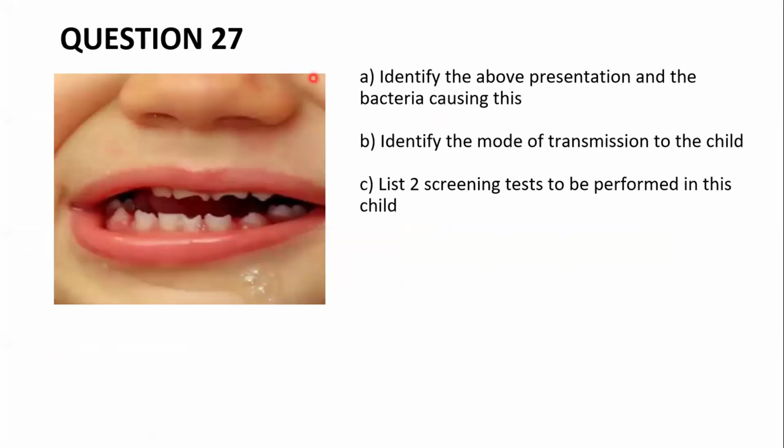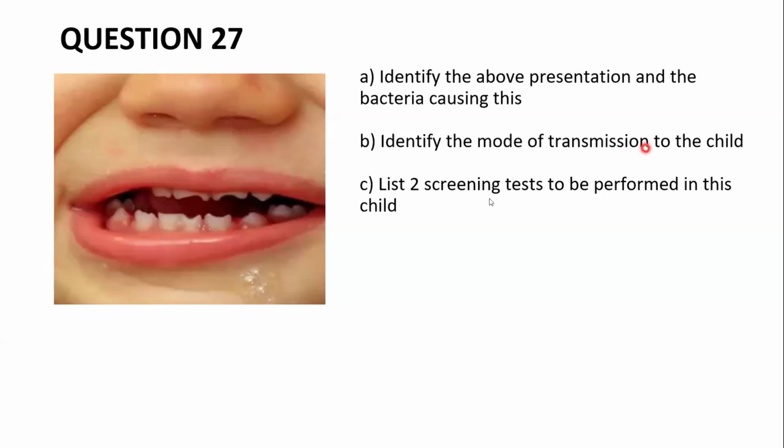They are notched teeth. Hutchinson's teeth, very good. Then what bacteria causes this? Treponema pallidum, very good. Mode of transmission to the child? Transplacentally, so via mother to child.